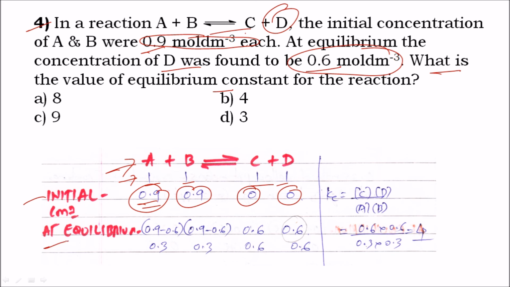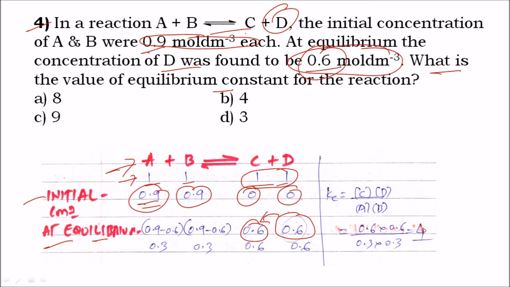Now at equilibrium what happens? One data is given here, you can use this now: 0.6 mole per dm cube. The D concentration is given as 0.6 at equilibrium. Now what about the C concentration? The concentration of C should also be the same, 0.6, because the ratio is 1:1 here.